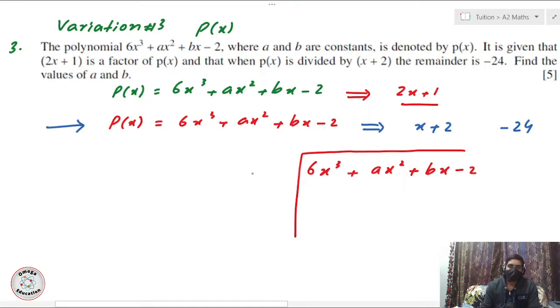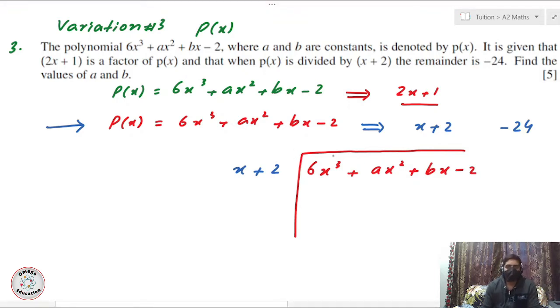So you write x plus 2 on the outside. Once you completely divide it, you'll get an expression in terms of a and b as a remainder. Then we know from the question that the remainder should be equal to minus 24. So we can put that remainder equal to minus 24 to get an equation in terms of a and b. Let's do it step by step.